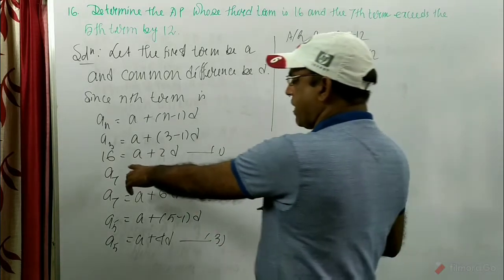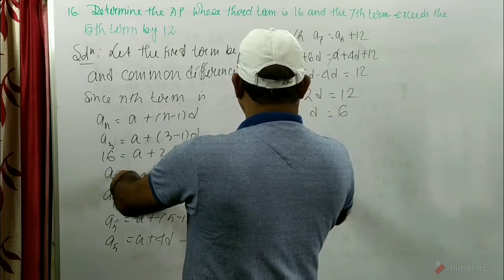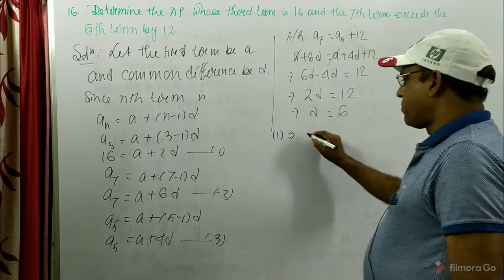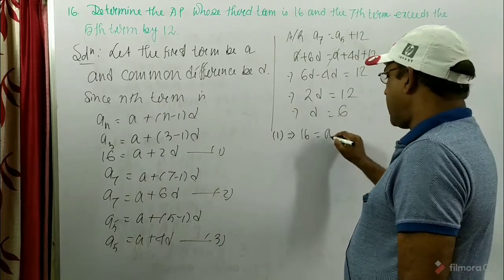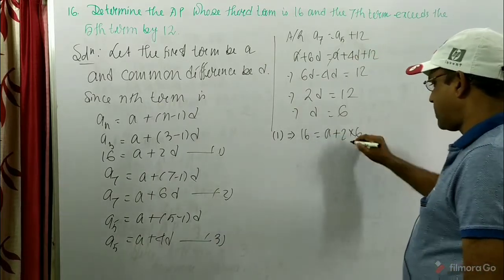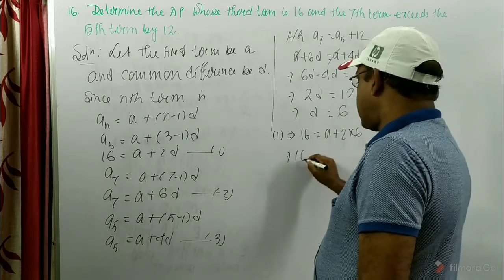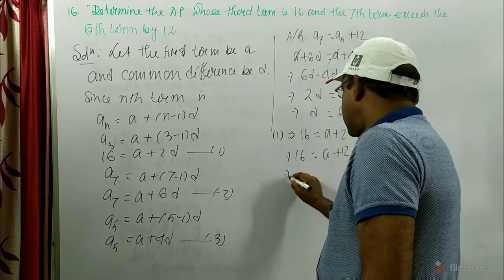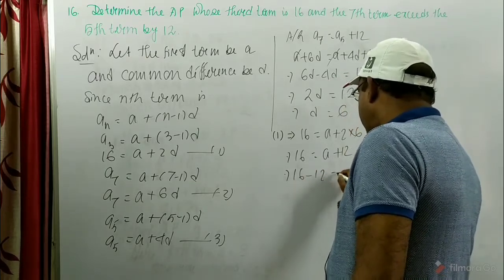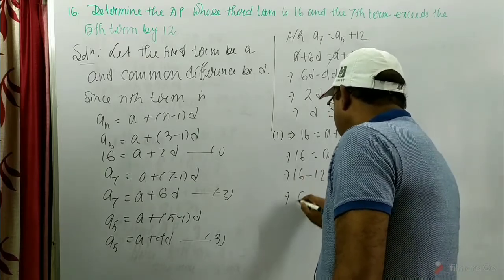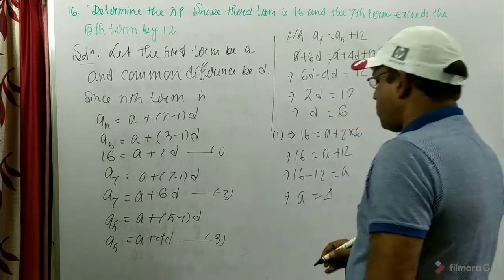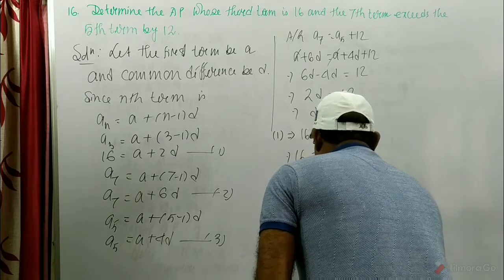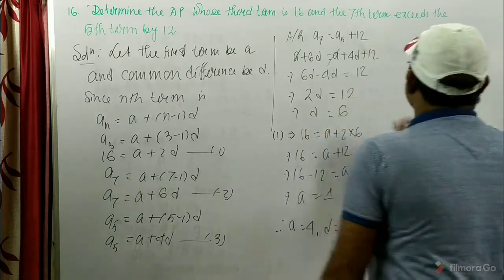Now we want to find A. Putting the value of D in equation number 1, 16 equals A plus 2 into 6, so 16 equals A plus 12, 16 minus 12 equals A. So A equals 4. Therefore we get A equal to 4 and D equal to 6.